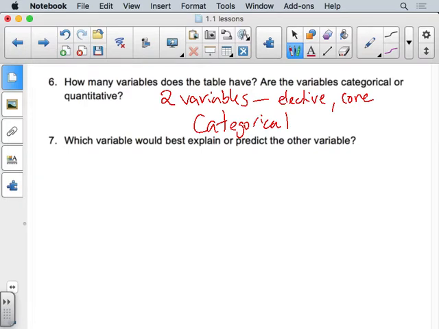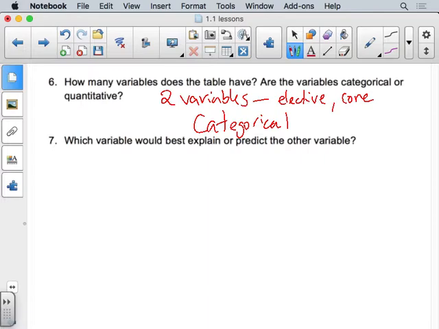Alright. This one's kind of up for interpretation. So which variable would best explain or predict the other variable? Since this one is kind of up for debate, I'll tell you what I said.